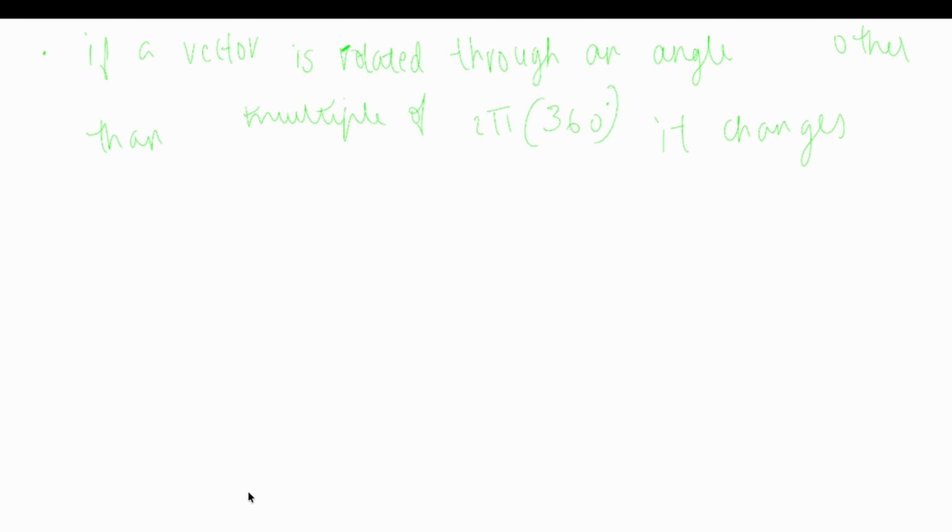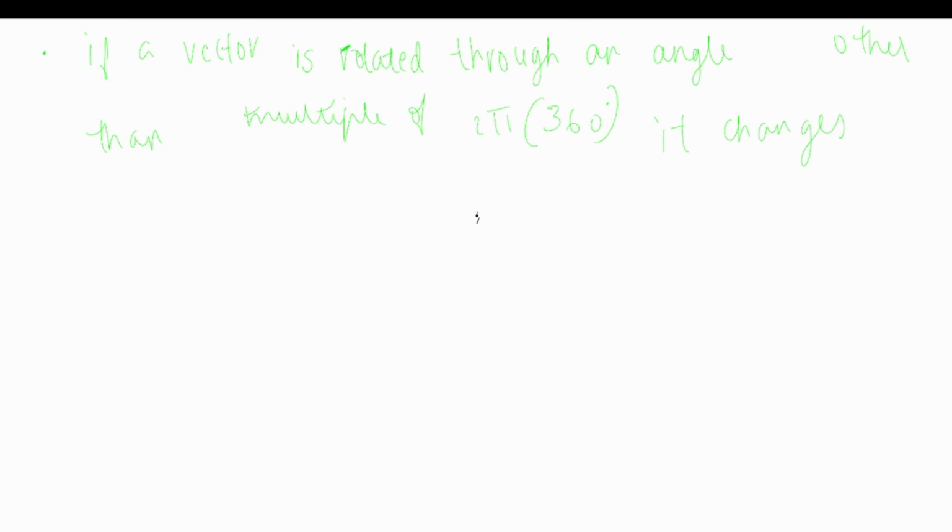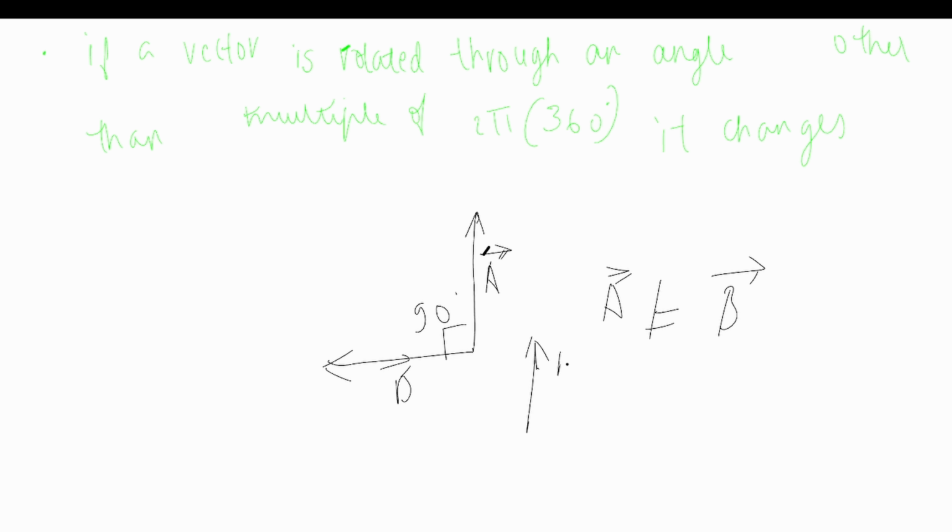So let me change the pen color to draw the vectors. I have a vector here, let me name it vector A. If the vector displaces itself by 90 degrees, it becomes vector B. So we can say that vector A is not equal to vector B. In the case that the same vector A displaces itself by 360 degrees, it goes around and comes back to its original place.